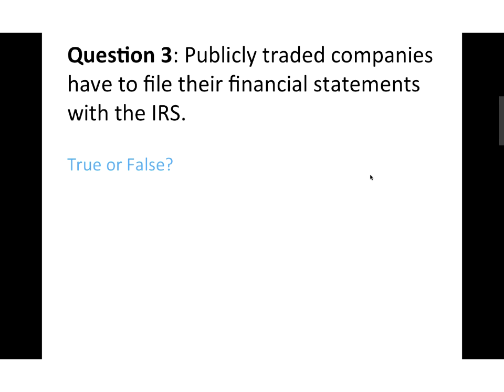So the rules behind those statements are designed with public disclosure in mind, and with what makes the most sense, what reflects economic reality the best. Okay, so what is going to help investors make these decisions? What really is the company's true financial position? That's what goes into financial statements.